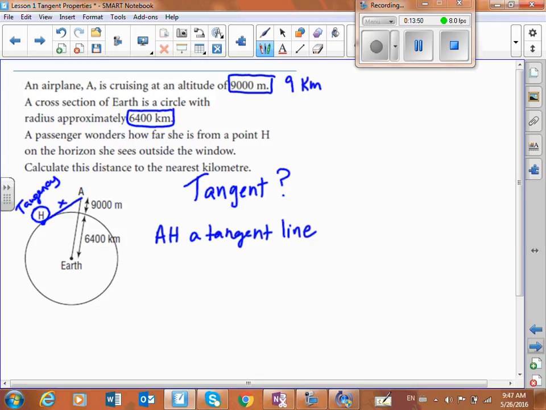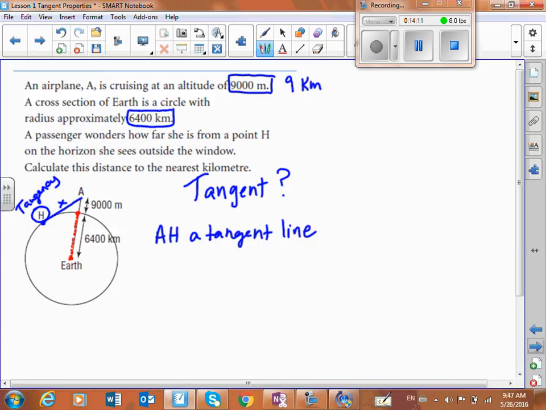I don't see a triangle, but the best advice I give you is draw a right triangle somewhere. I have a radius here. It's kind of hiding. From the center of the Earth to the edge, that's 6,400 kilometers. But I need another arm for a triangle.